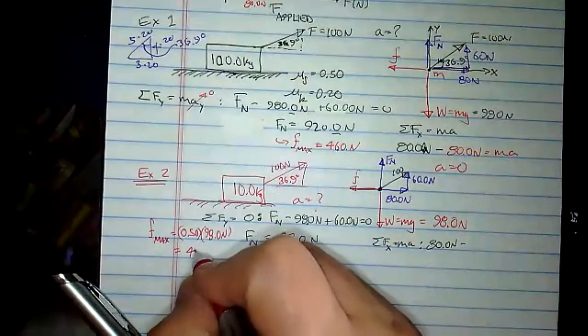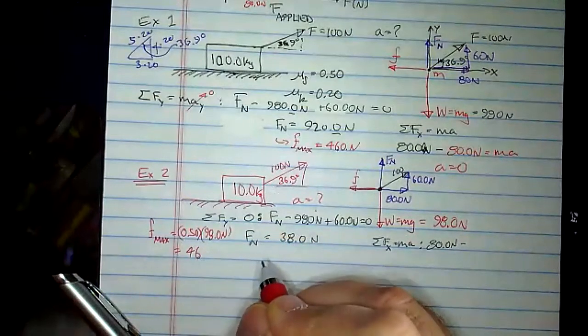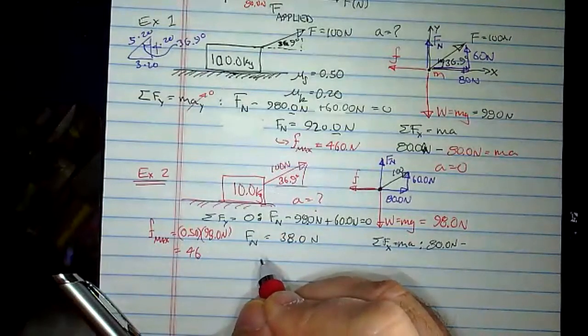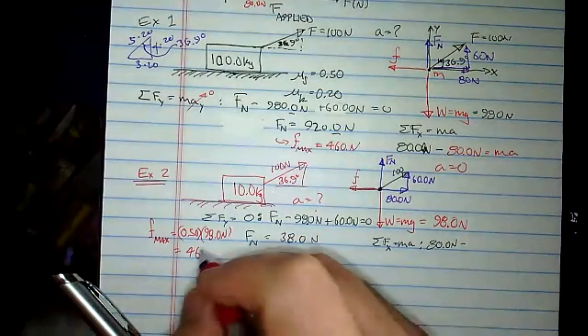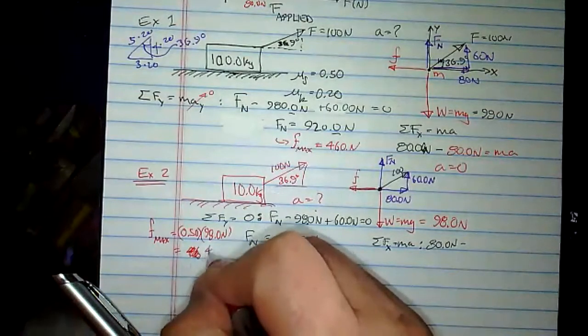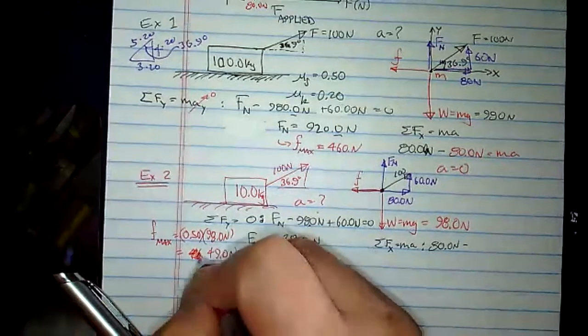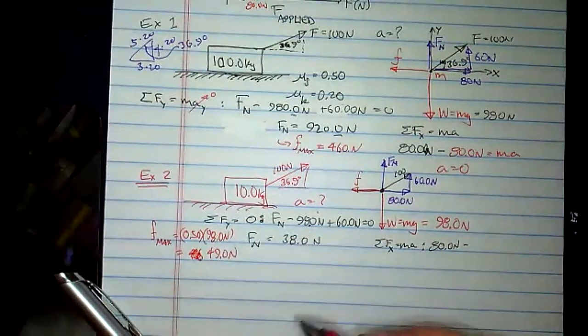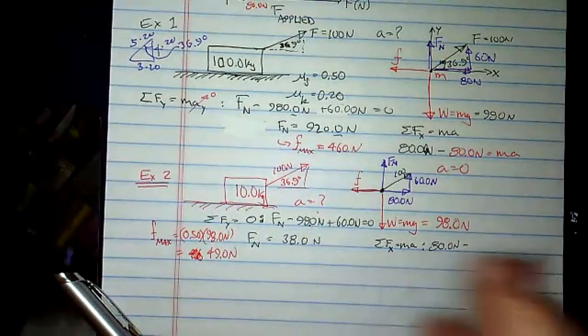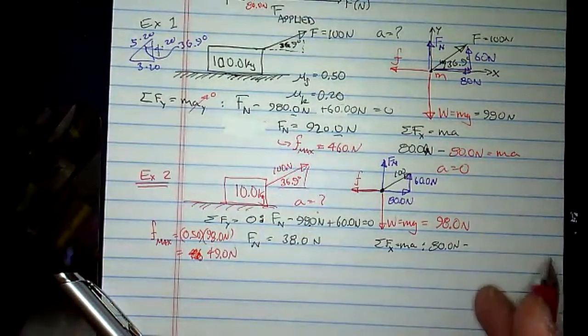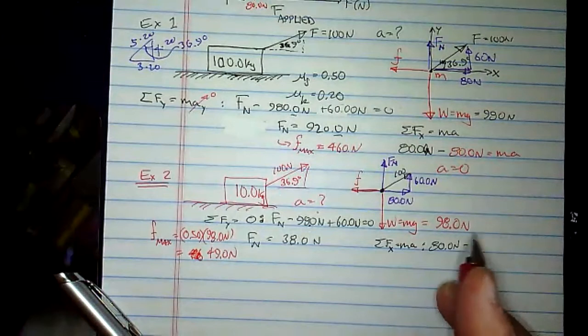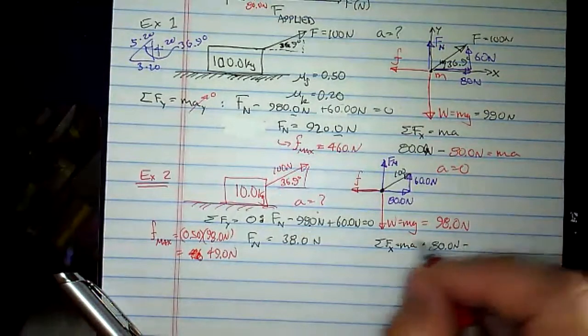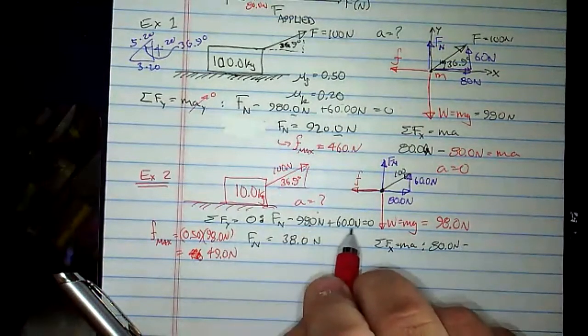That should be 46. Is that right? 45 would be 90, and then 98, that'd be 49. Sorry. 49.0 newtons. So we've got to make sure we exceeded that. Our normal force, our force that we're applying, thank you, Matthew. I hate arithmetic.